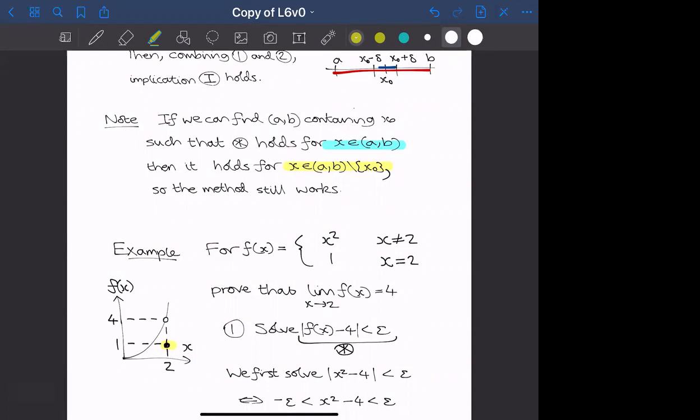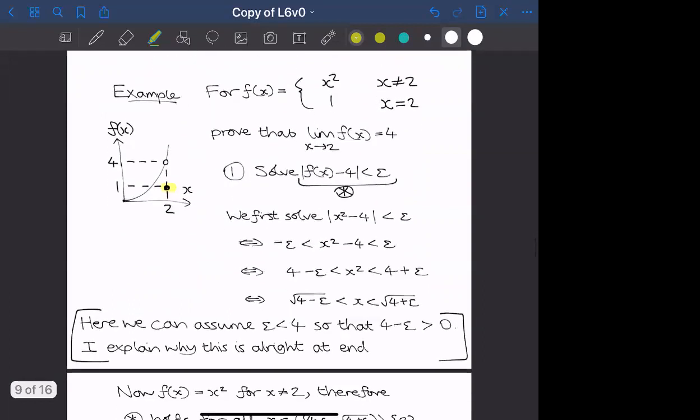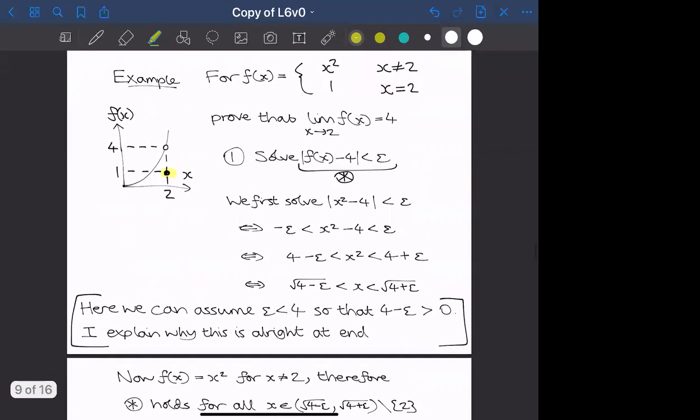So let's first solve the simpler question for the function x squared and see if that solves the problem for us. It will. So we first solve the absolute value of x squared minus 4 is less than epsilon. So that's equivalent to x squared minus 4 is between minus epsilon and plus epsilon.